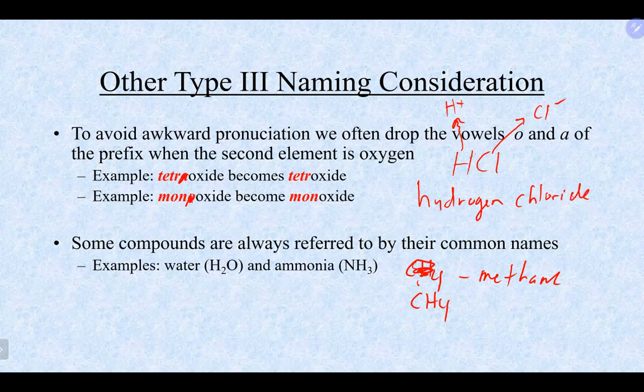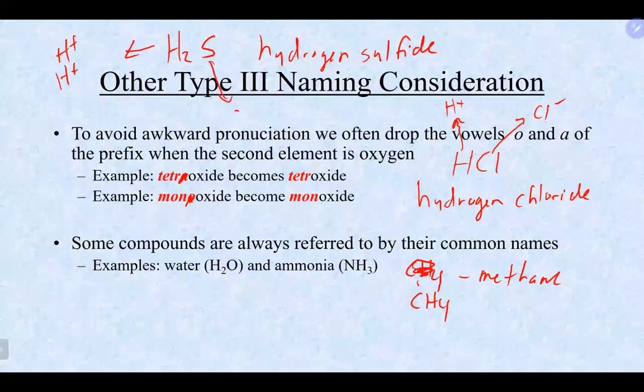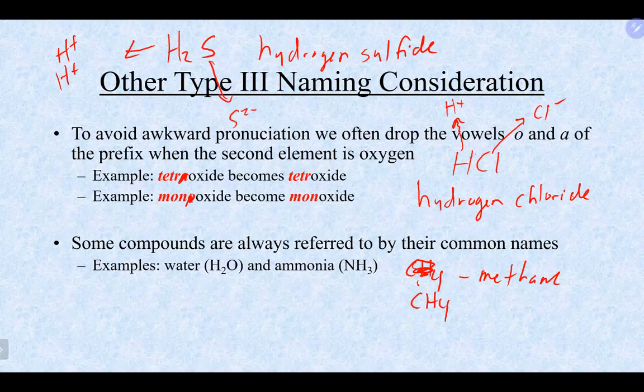And even if you had two of the hydrogens, something like H2S, this would be hydrogen sulfide. Even though it is a nonmetal, because it behaves like an acid in a lot of cases, it's treated more as ionic. So it follows type 1 naming. You just call it hydrogen and whatever the other part is. But you will definitely not use any prefixes for anything that involves hydrogen.